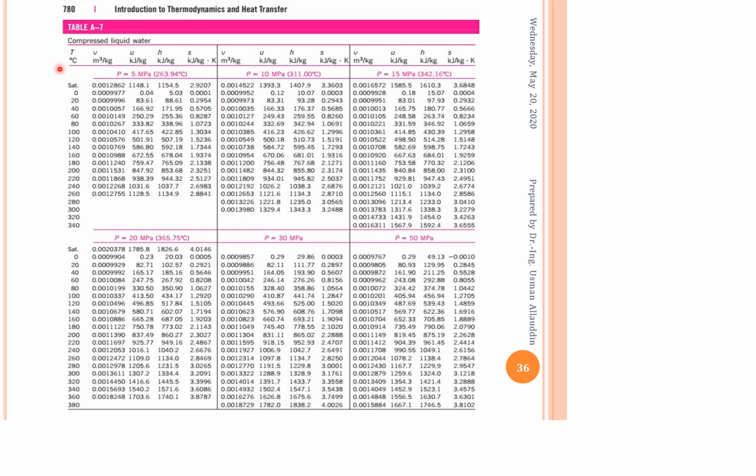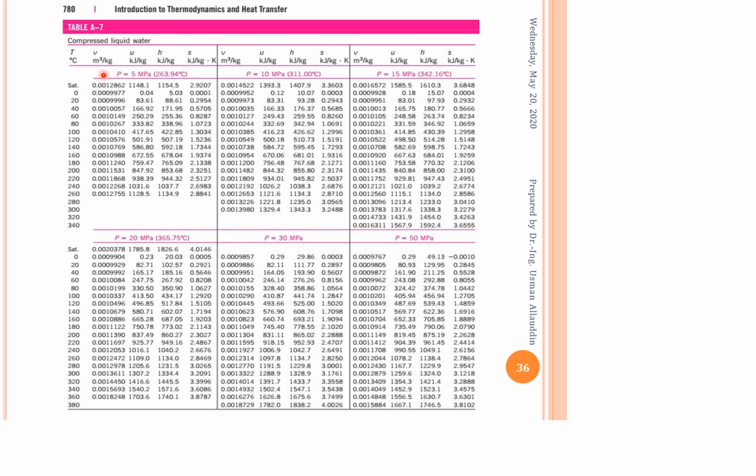So this is table number A7, which is compressed liquid water. Here we have the pressure from 5 megapascal to 50 megapascal. If your pressure is very high, like here, 5 megapascals means 5000 kilopascal, it's a very big value.